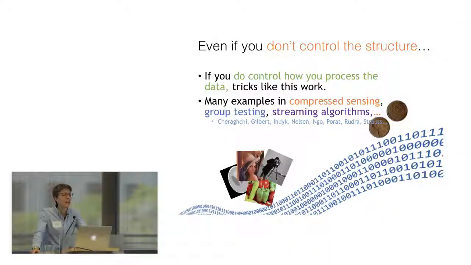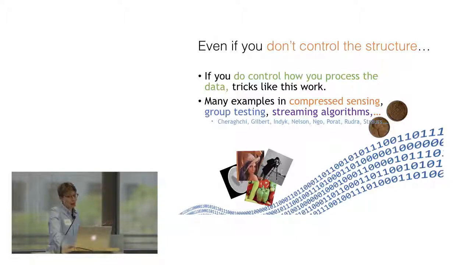So that's another example. I guess the point, and I should probably wrap up soon, is to say that in all of these problems, even if you don't control the structure that you're trying to get at, if you do control how you process the data, tricks like this work. And you can take advantage of ideas from error-correcting codes, turning the coin around, to help you in algorithm design problems.